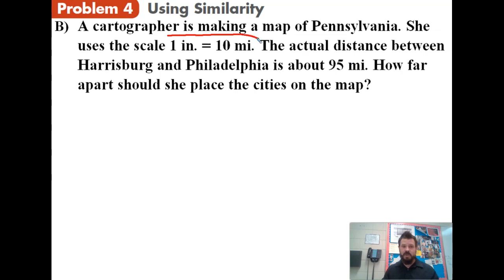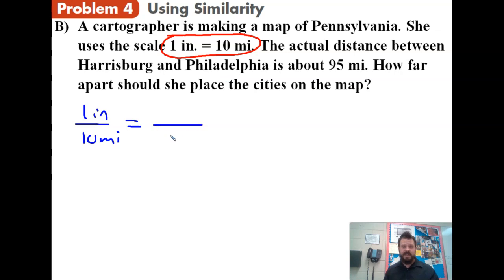Since I know the scale factor of the map, I can set up the fraction 1 inch over 10 miles is equal to, and then this time I'm given that it's 95 miles from Harrisburg to Philadelphia in the real world.